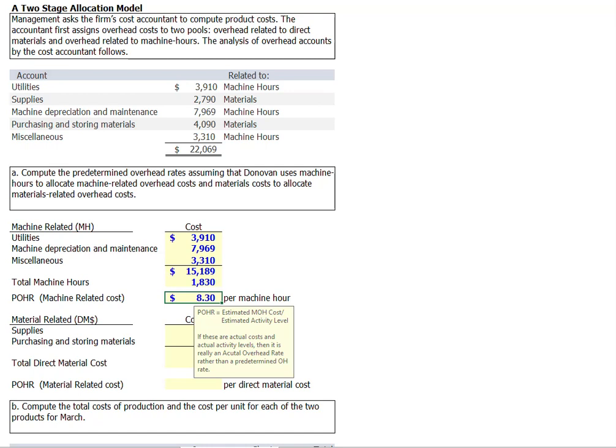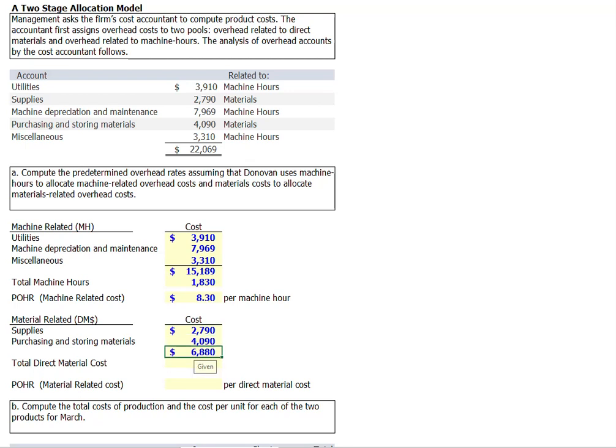But again, typically we go with predetermined overhead rates because we want to price our jobs and products ahead of time. Let's go ahead and take a look at our direct material related costs. We had supplies of $2,790, purchasing and storing cost of $4,090, for a total cost related to materials of $6,880.